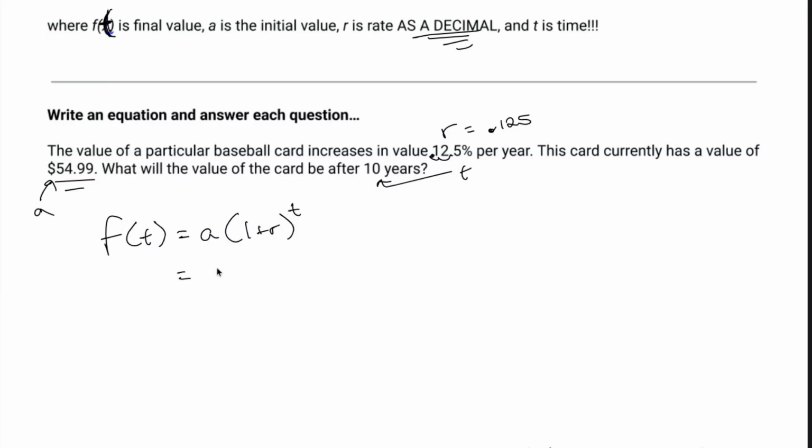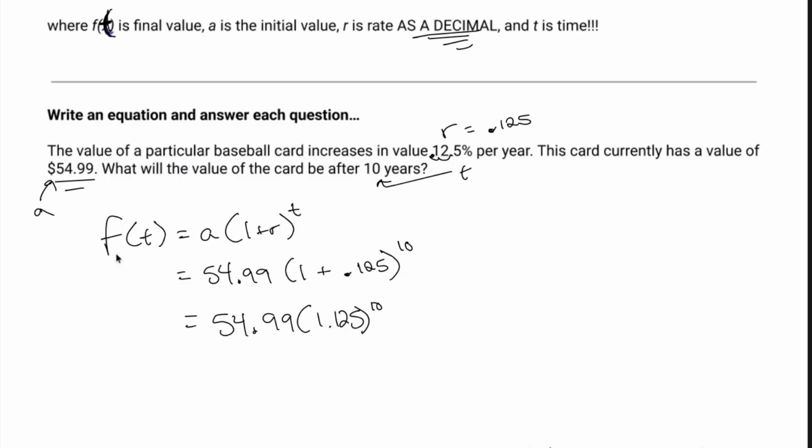So this is going to be 54.99 times 1 plus 0.125 to the 10th power, equals 54.99 times 1.125 to the 10th.